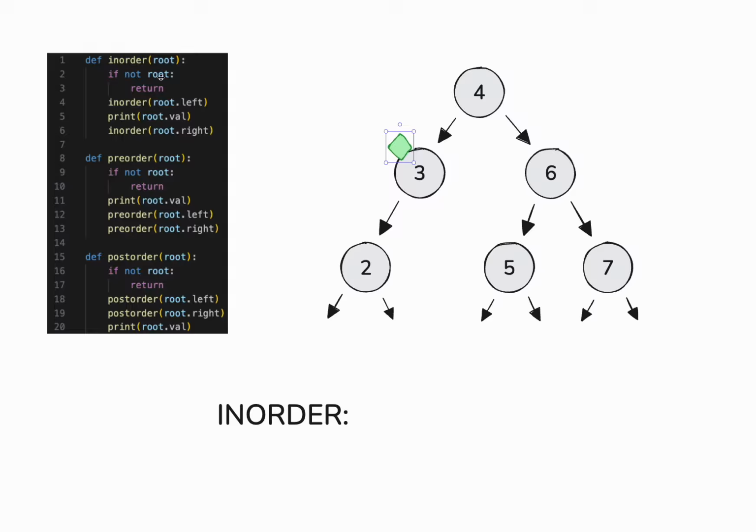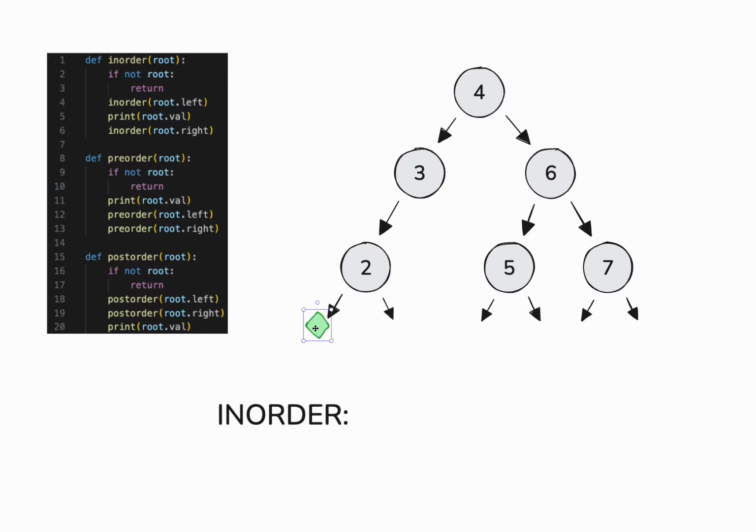Again, not a base case, so we'll keep going and execute line 4 at this level of the call stack. So we'll call in order on left. So here we are again. Now a fresh instance of this function is being run, and again, same thing. So we'll call in order on the left.